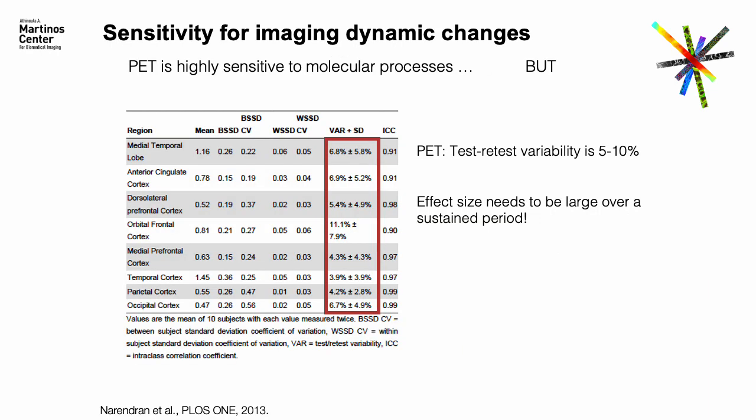So overall, I'd like to remind everyone that PET is highly sensitive to molecular processes, but the test-retest variability can be on the order of 5 to 10%, and we need to think about effect sizes, and they need to be large, over a sustained period sometimes, depending on how you're measuring your signal.